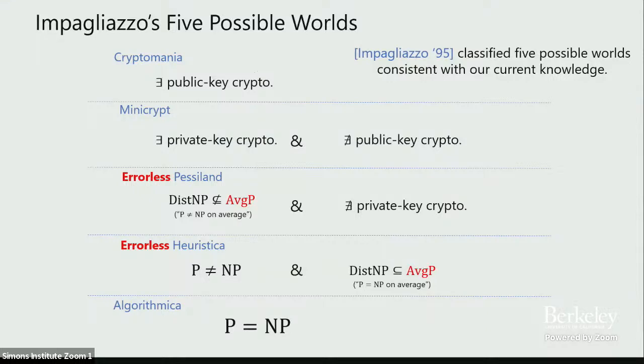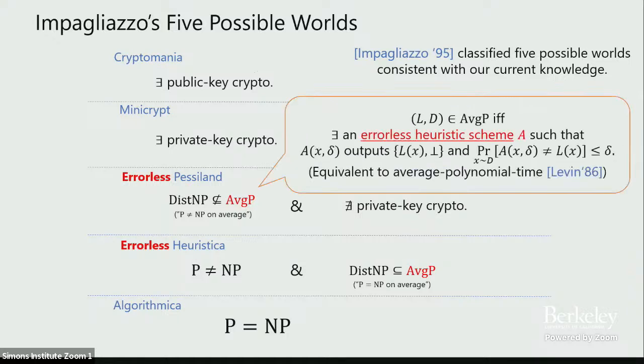There are two notions of average case complexity. Depending on the notion, we can define variants of Impagliazzo's five worlds. Namely, if we consider AvgP, we can define errorless Heuristica and errorless Pessiland. And AvgP here means that it's solvable by an errorless heuristic scheme. We say that the distributional problem is in AvgP if there is an errorless heuristic scheme such that the errorless heuristic algorithm outputs the correct answer, or if it makes an error, it must output a bottom symbol.